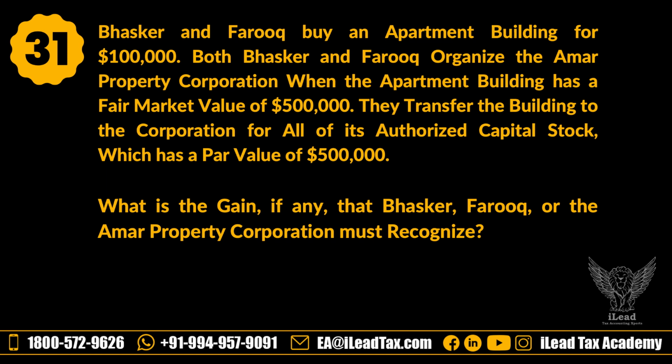Bhaskar and Farooq buy an apartment building for 100,000. Both Bhaskar and Farooq organize the Amar Property Corporation when the Amar apartment building has a FMV of 500,000. They transfer the building to the corporation for all of its authorized capital stock, which has a par value of 500,000. What is the gain, if any, that Bhaskar, Farooq, or the Amar Property Corporation must recognize?